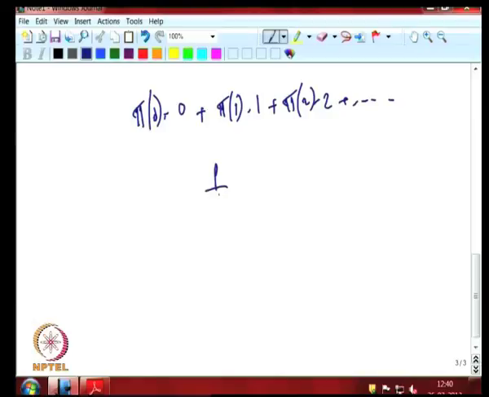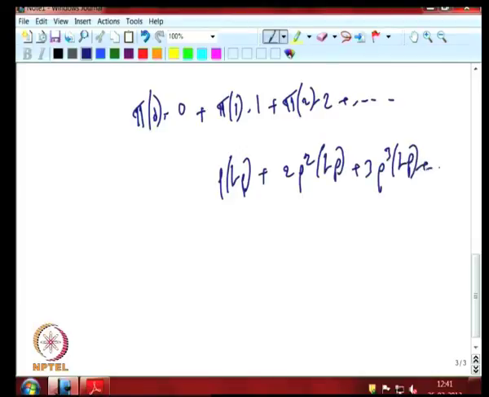So it is rho into 1 minus rho plus 2 into rho square into 1 minus rho, plus 3 rho cube into 1 minus rho, etc., okay. Call this S.